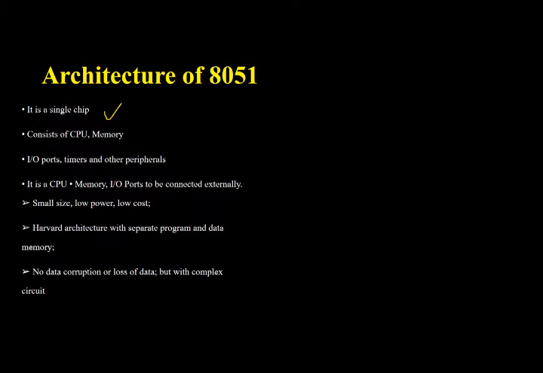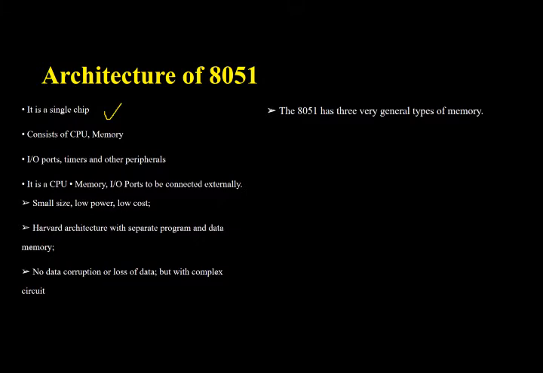When you load your washing machine, suppose there is a power cut, what will the washing machine do? It will stop the process and resume the activity at the particular instant where the microcontroller stopped, and your process will continue in the washing machine. So it is a best example of a microcontroller. There is no loss of data there. So there is no data corruption or loss of data concern with 8051.